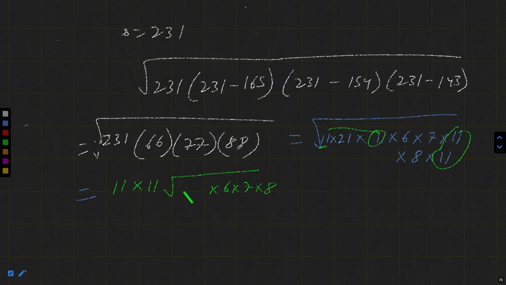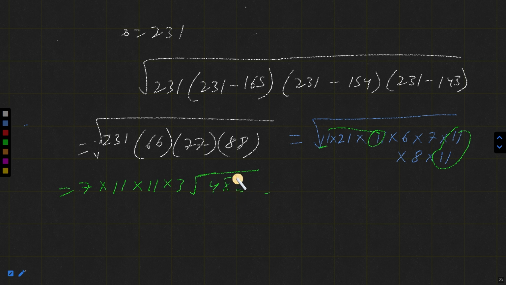I can rewrite 21 as 3 times 7. Now I have one pair of 7, so I am also taking 7 out. So here 7 times 11. Now 6 is 3 times 2, take 3 out. Now inside it is 2 times 8, which is 16, and 16 is 4 times 4.